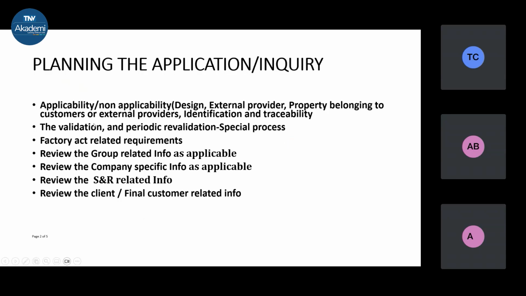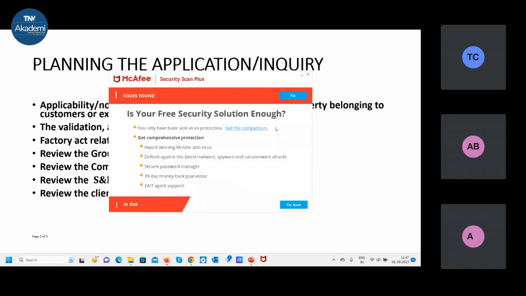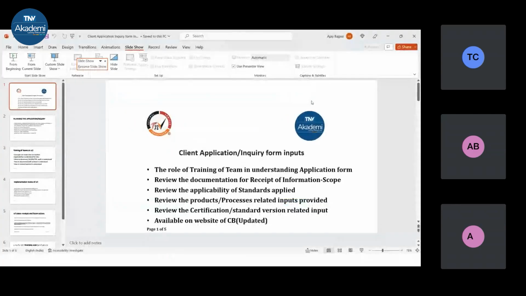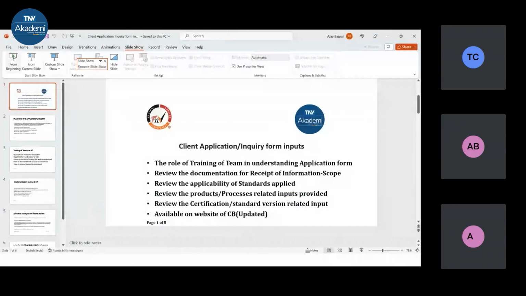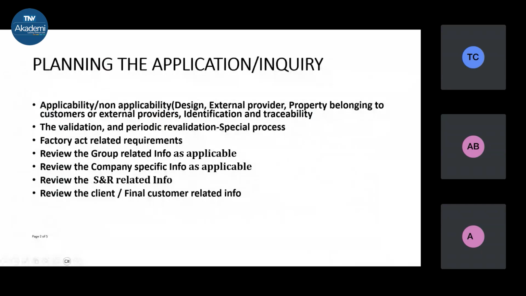Then what happens? Validation and periodic revalidation. This was called in the earlier standard a special process. Many auditors call it a special process today also, because the term has become very popular. This means the results cannot be verified by the next process.